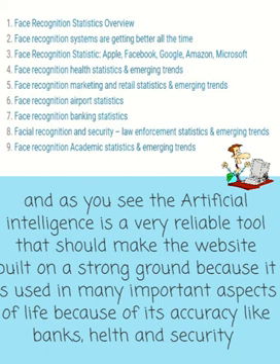Here, as we watch, are 10 examples of face recognition. As we see in the second example, face recognition systems are getting better all the time. Face recognition statistics are used in Apple systems, Facebook, Google, Amazon, Microsoft. Face recognition in health, in marketing and retail, and in airports: statistics and emerging trends, and so on.